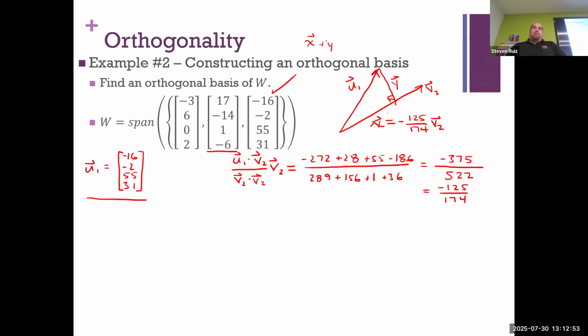So x plus y equals u1. U1 I know. Y is the thing I really care about because it's orthogonal to v2. And x is the thing I just learned.